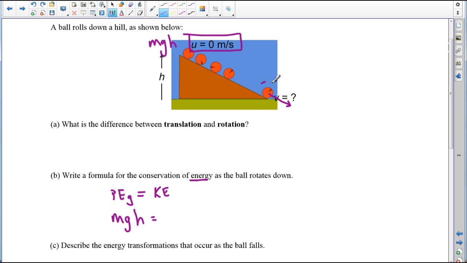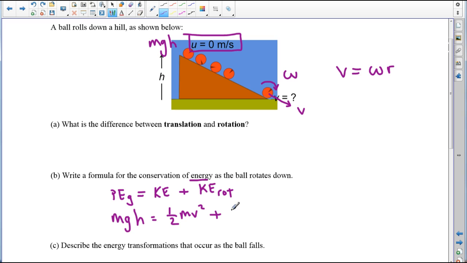But it's also rotating now, because this is a ball that's rolling down. It's not slipping, it's just rolling down. So if it has a final speed, then it also has a final omega, because v equals omega times r. So we also have rotational kinetic energy. The formula for kinetic energy is 1/2 mv squared.